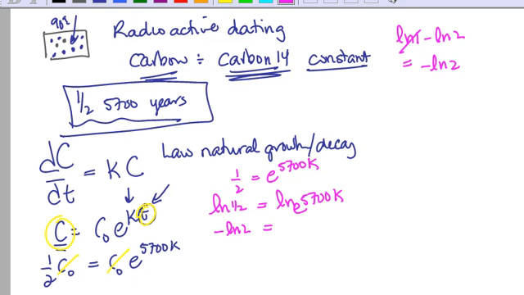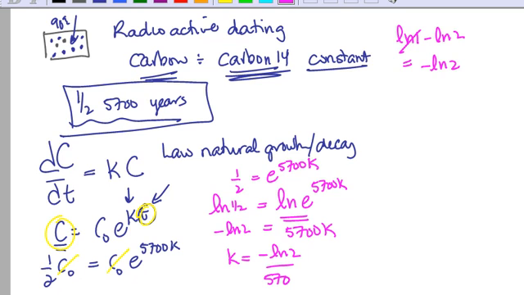Oops, I forgot my e there. Let me rewrite that. When I took the log of both sides, I forgot my e, so it's the natural log of e to the 5,700k. Now these two are inverses of each other, so they'll cancel, and you just end up with 5,700k. And that means I'm able to find out what my k is, which is negative log 2 over 5,700.